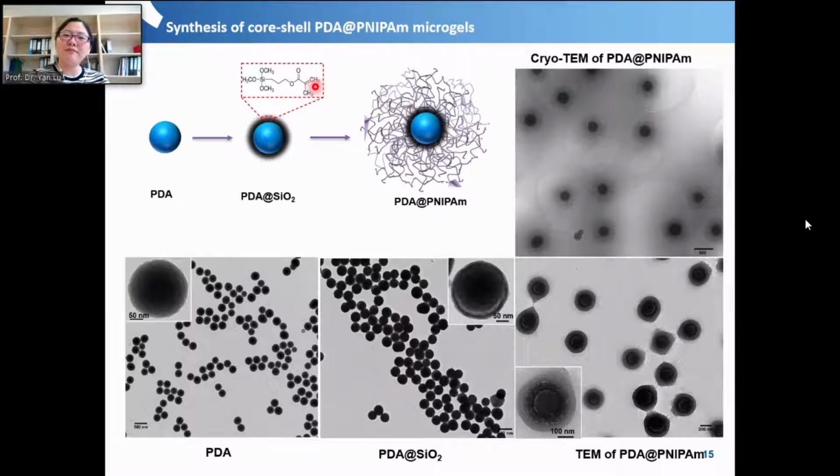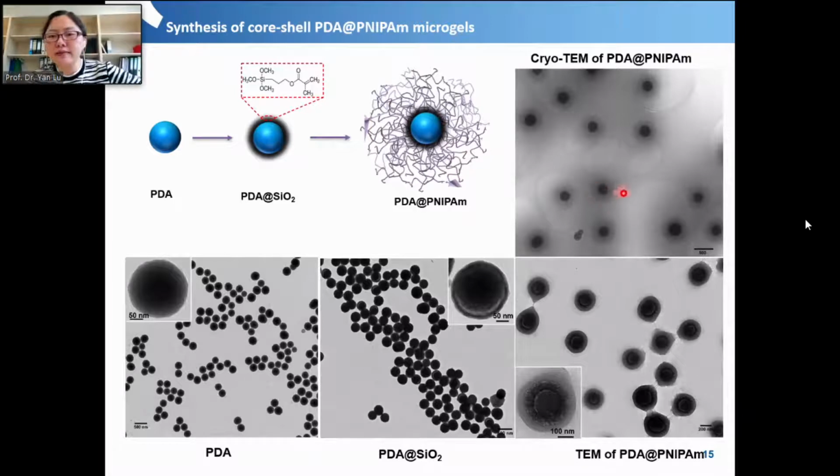With this functional silica precursor, you will have a kind of double bond modified silica layer. And then you can do, of course, this seeded emulsion polymerization, using this particle as a seed. And then the polyNIPAM network will be generated onto the polydopamine particle surface.